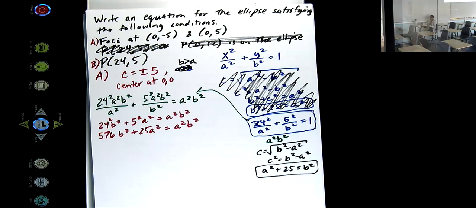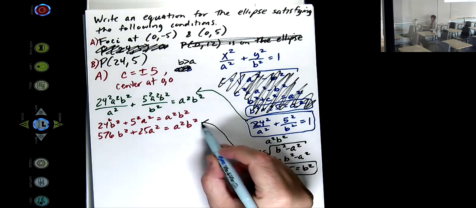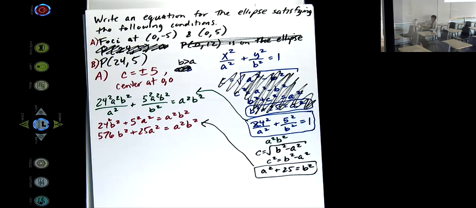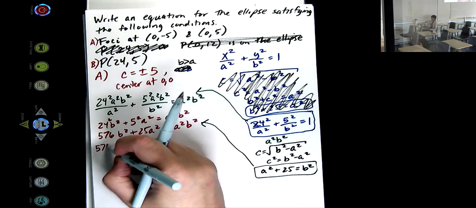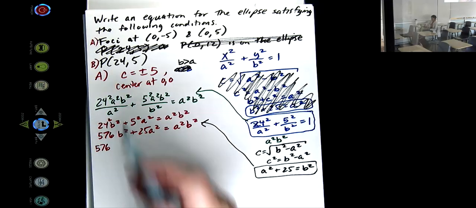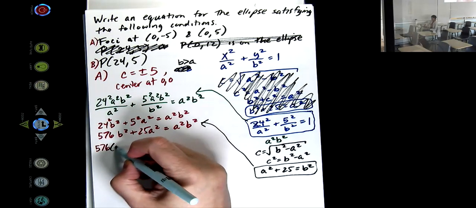Okay. I'm going to replace b squared in this equation here. It's like plug and play. It's going to be ugly, but we don't have a lot of options. b squared is a squared plus 25.